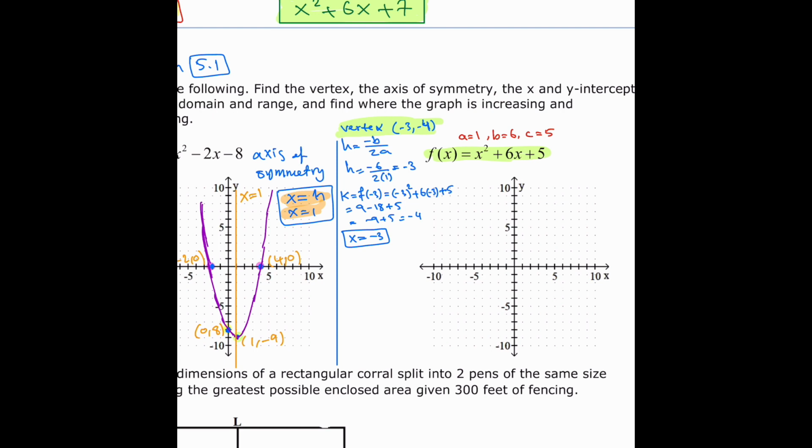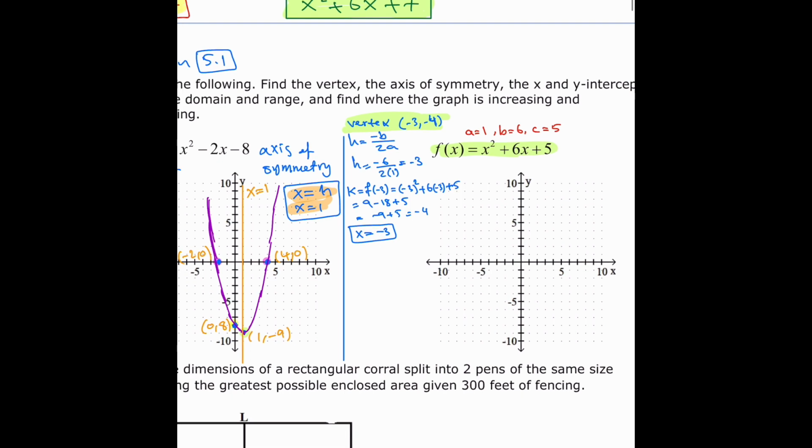To find the x-intercept, we need to set the equation x squared plus 6x plus 5 equal to 0 and then factor. If I factor that, I will get x plus 5 and x plus 1. The product is 5 and the sum is 6. Now I will set x plus 5 equal to 0.